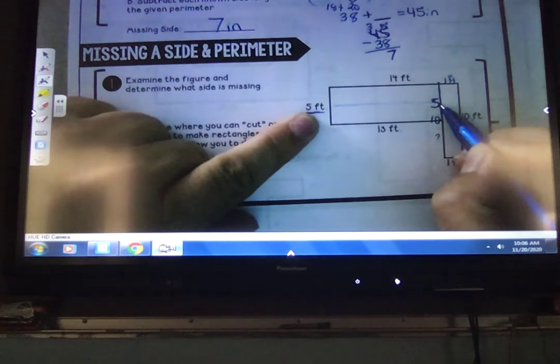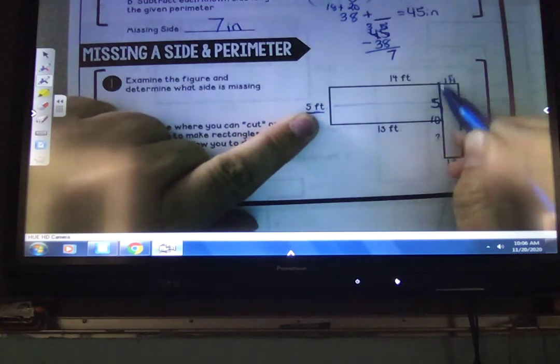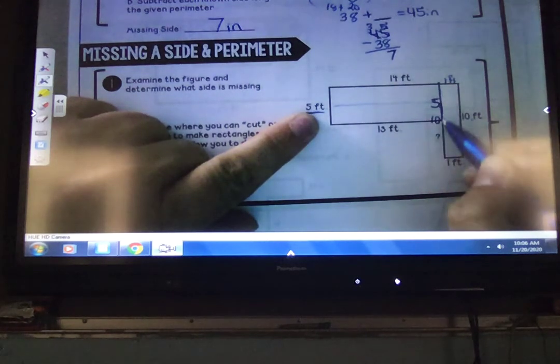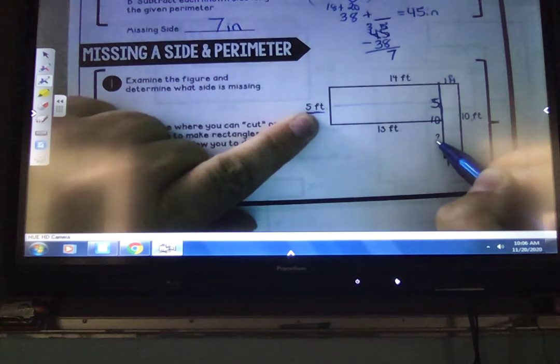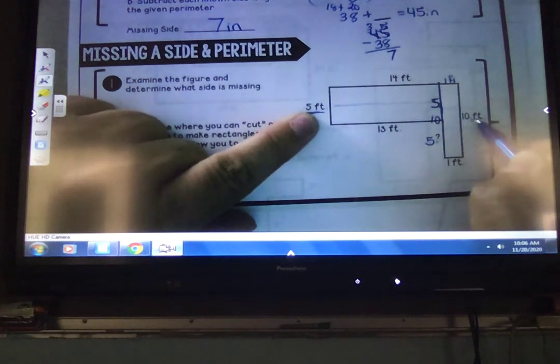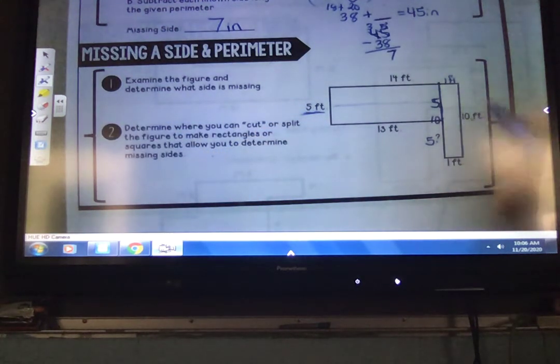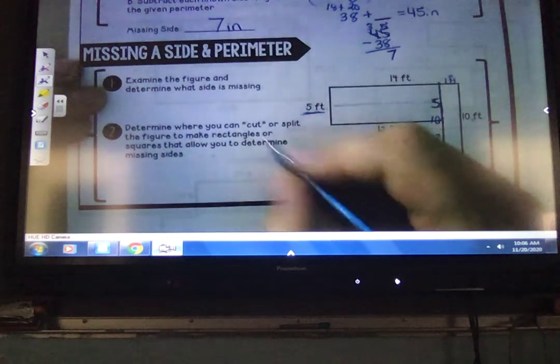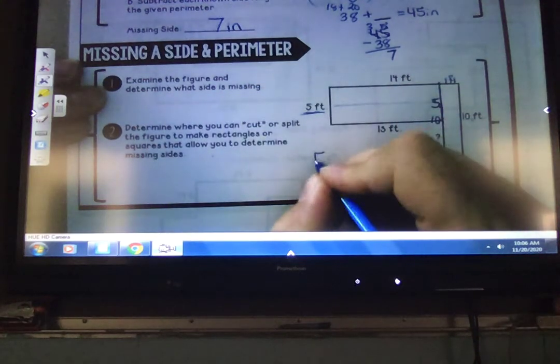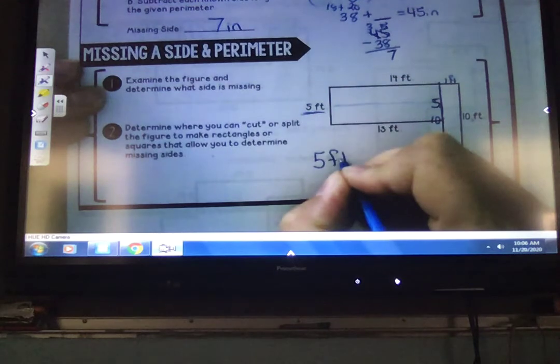So 5 and what would give me my matching side of 10? What would have to go here to make 10? Another 5, because 5 and 5 make 10, right? And we need this side to be 10. So this missing side here would have to be 10. So we know that 5 feet is our missing side.